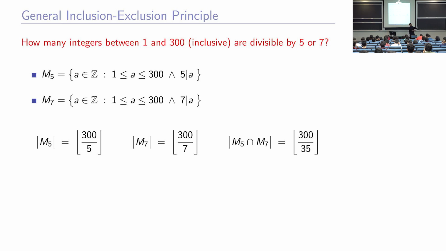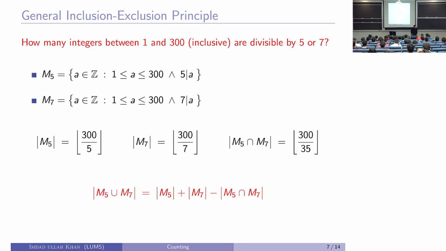This is actually the union of M5 and M7, right? Union is like OR. So the cardinality of M5 union M7 will be the cardinality of M5 plus the cardinality of M7 minus the cardinality of M5 intersection M7. So we have all the ingredients, we can just do the arithmetic to get the number.